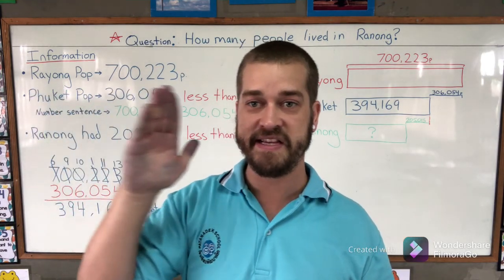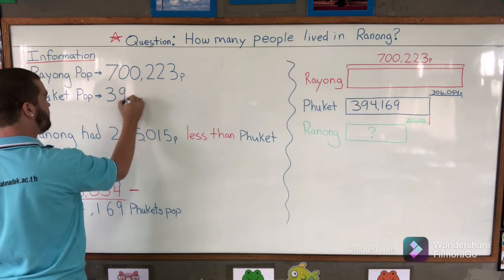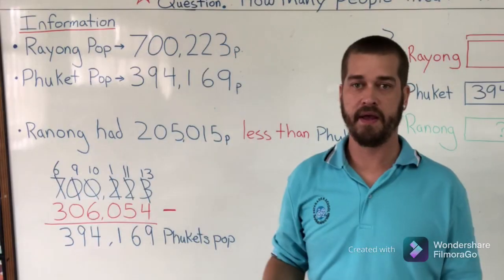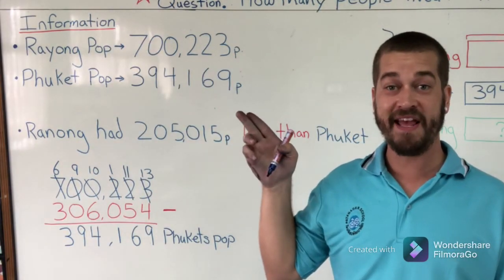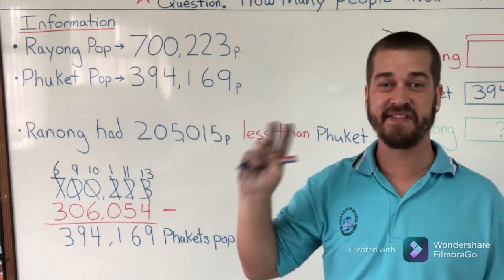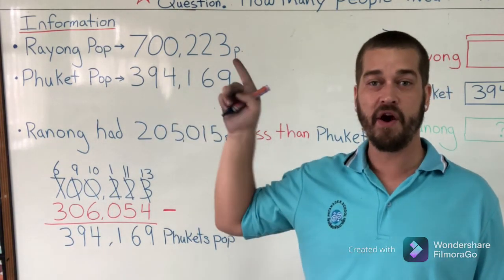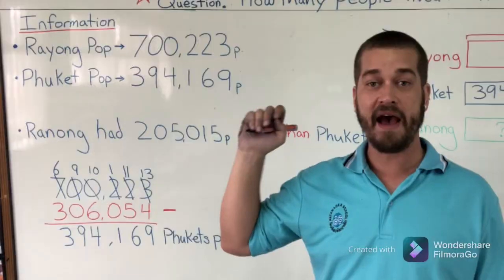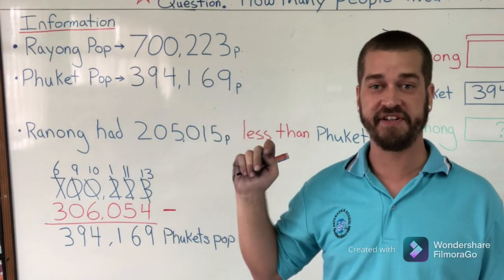So I'm gonna erase these and put in this. Because now we know two pieces of solid information. We know Rayong's population, now we know Phuket's population.